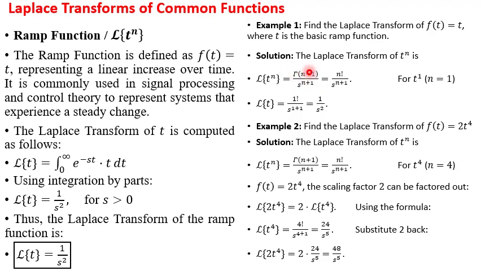And because this is a gamma function, this expression is the same as n factorial all over s raised to power n plus 1. So now this is the Laplace transform of t raised to power n.